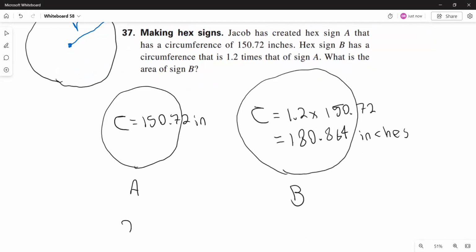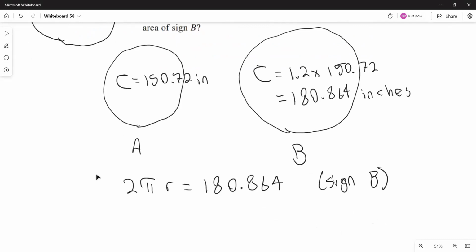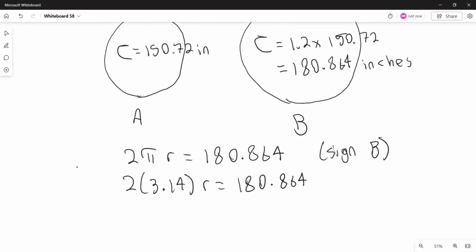Okay, so this is what we know. We know that 2 pi r is equal to 180.864. This is for sign B. So pi is approximately 3.14. So 2 times 3.14 is 6.28.